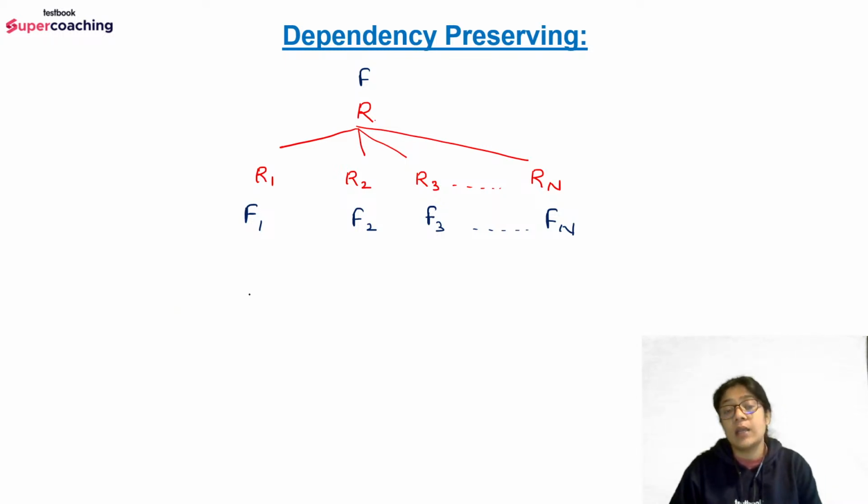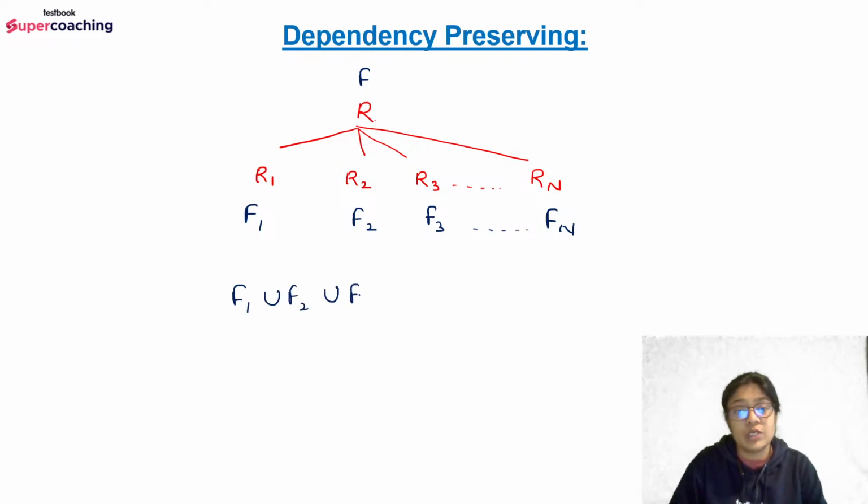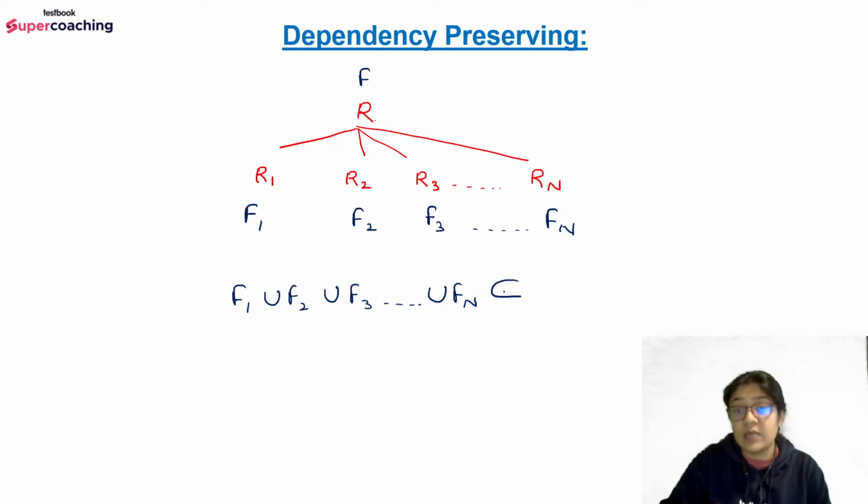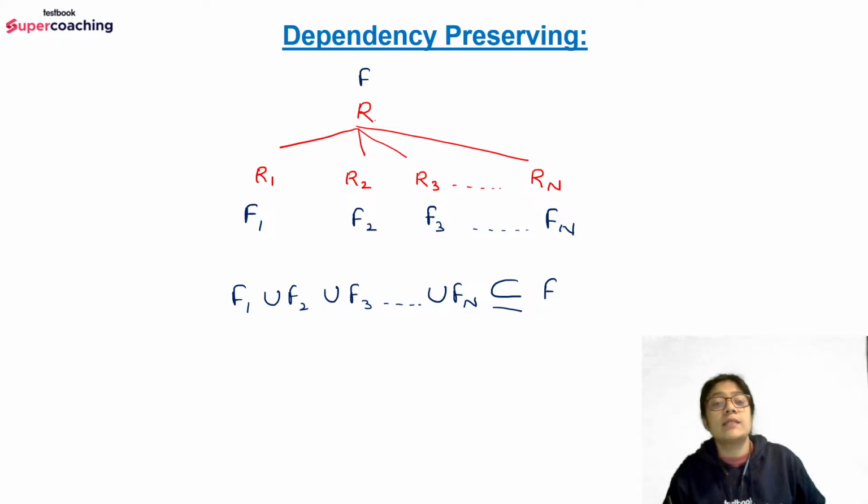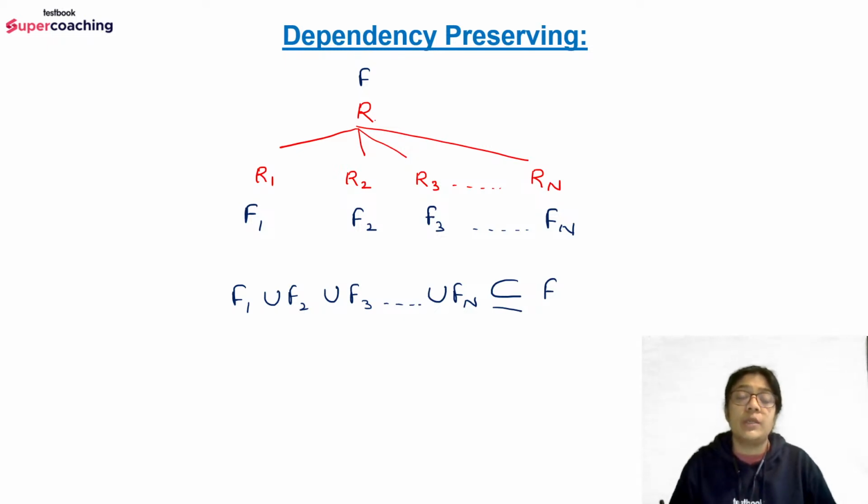That means अगर मैं यहाँ पे सारी functional dependencies का union लेती हूँ, F1 union F2 union F3, सारी functional dependencies अगर हम consider करते हैं, then it may be a subset. Proper subset means कुछ dependencies कम हुई हैं, lost हुई हैं, and it can be equal. कभी भी greater वाला केस नहीं आएगा. कभी भी अगर आप सारी functional dependency set का union लेते हो, it will never produce the extra dependency. So this is point number 1.